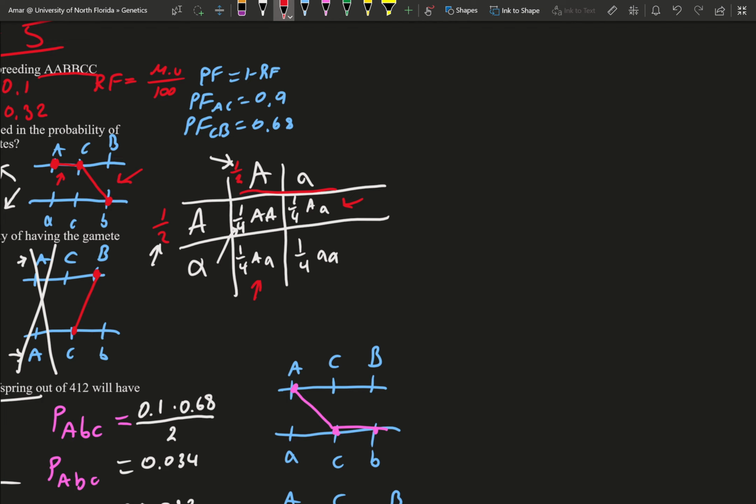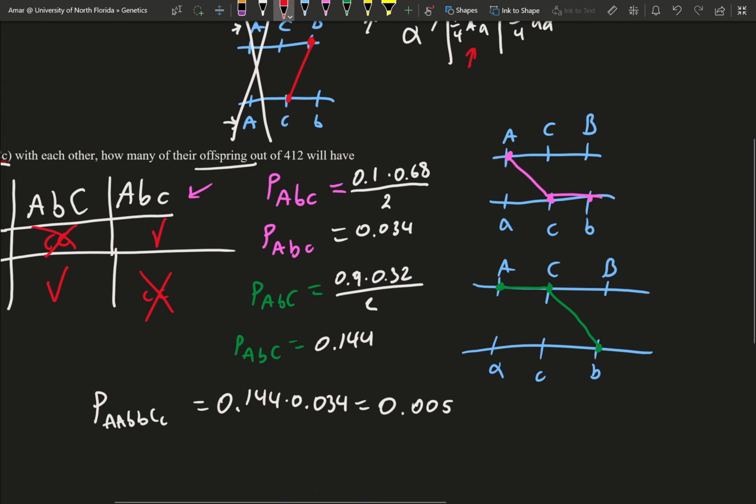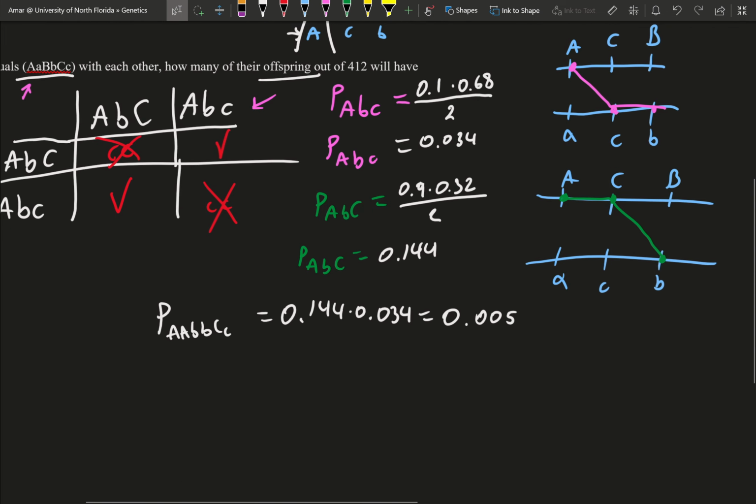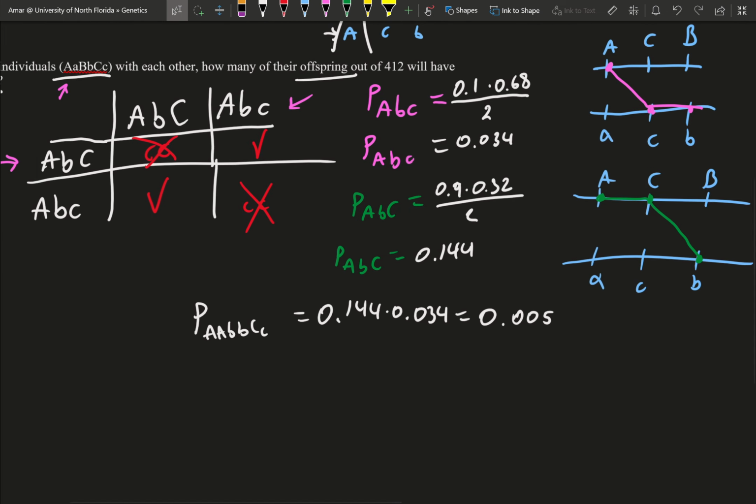Whenever you figure out a genotype like this, and there are multiple different possibilities to get the exact same genotype or phenotype, you basically have to use the sum rule. Because there are two different possibilities, one right here and one right here, and because we're essentially combining the exact same gametes again, we can just multiply this by 2 and we get our answer.